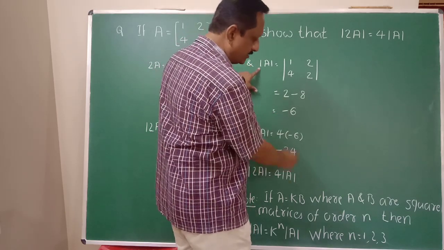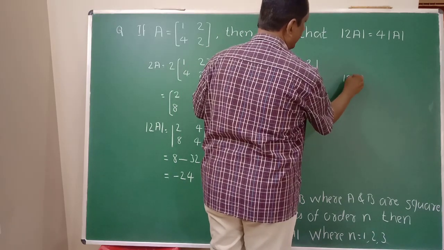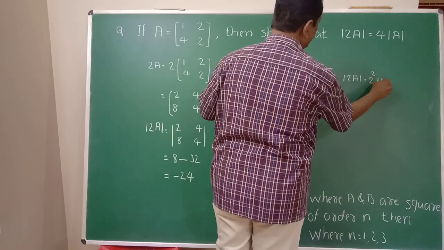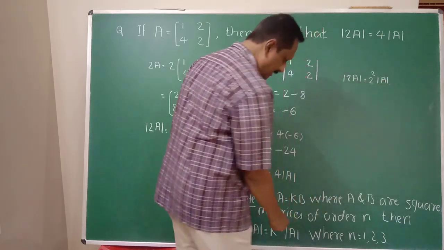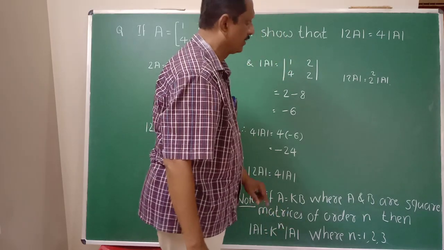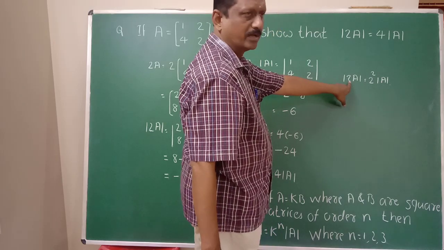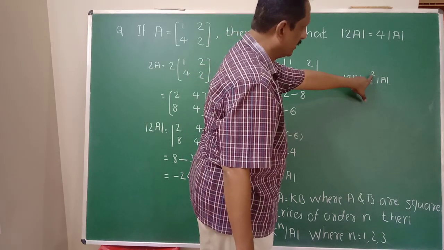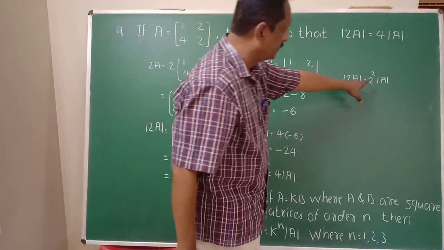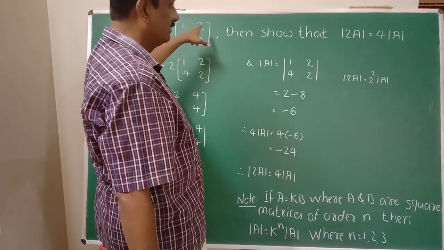Using this note, determinant of 2A can be written as 2 raised to 2 into determinant of A. You are using K raised to n into determinant of A. Here K is 2. So 2 raised to 2: the exponent 2 represents the order of this matrix.